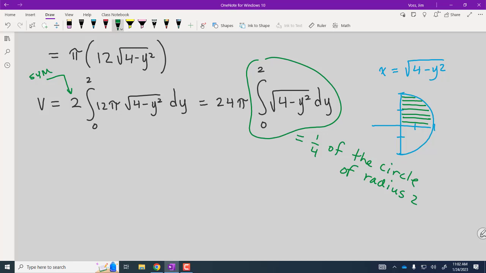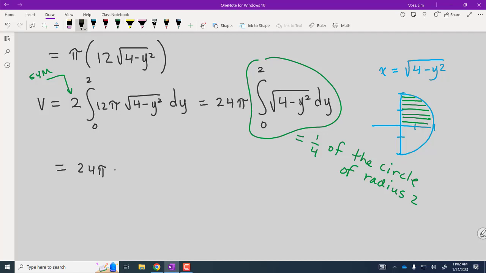So that integral, if instead it went -2 to +2, it would want the whole semicircle. But it's only going from y equals 0 to y equals 2, so it's just grabbing the top half of the semicircle, which is 1/4 of the complete circle. And we know how to find the area of a circle. So 24 pi.